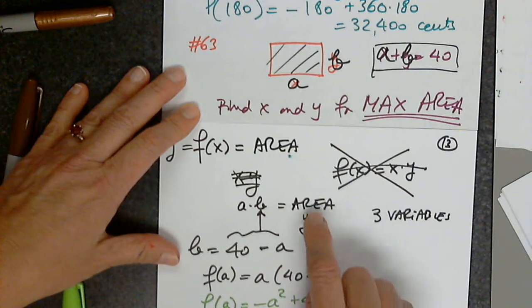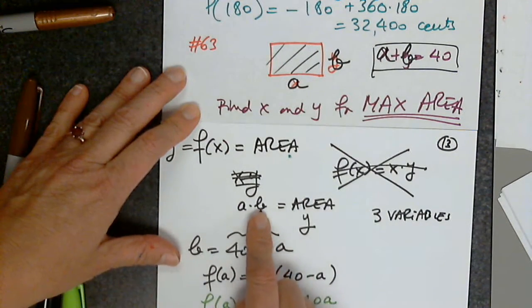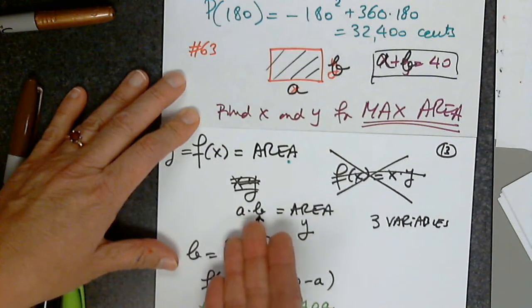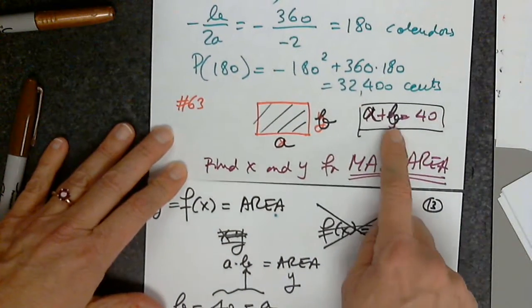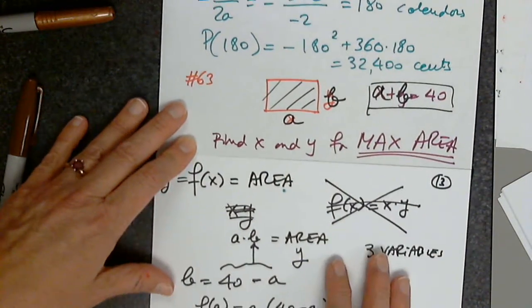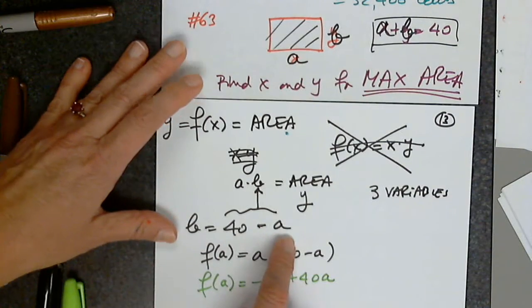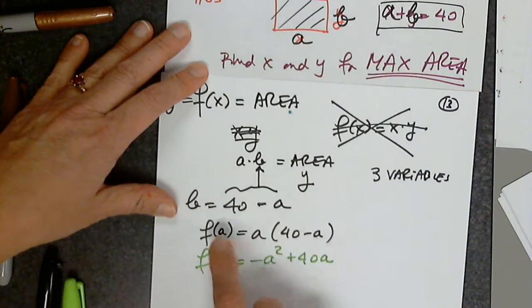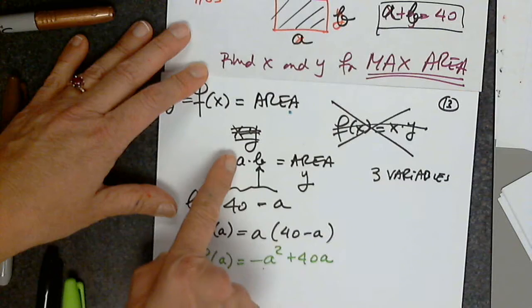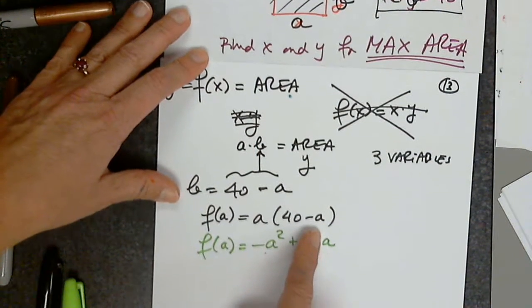But now I have 3 variables. I have the function, which is the y variable, and I have 2 more variables in here. So somehow I have to get rid of one of these 2. Let's say I choose to solve the equation for b, subtracting a. So then b will be replaced by 40 minus a. So now the area, which is a function of a, has a and has b replaced by 40 minus a.